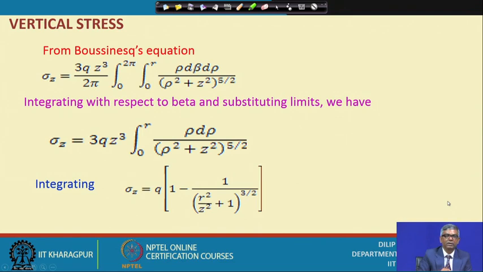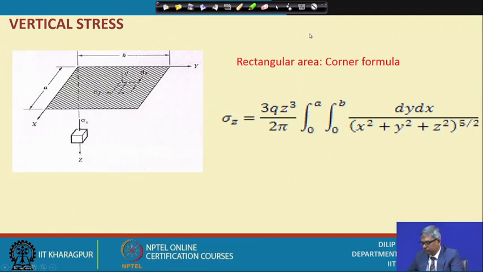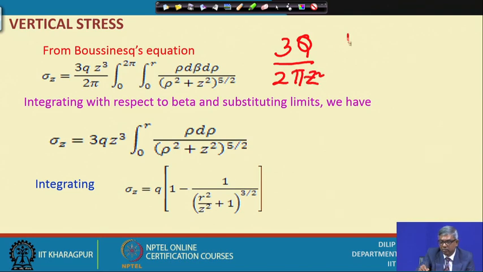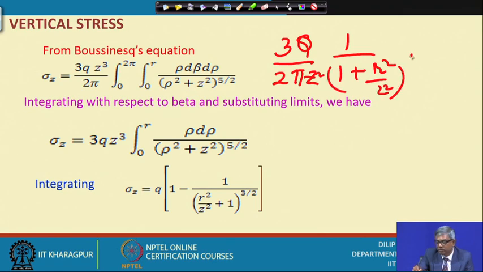You can see I have done the same thing. From Boussinesq's equation, a double integration is given. As I have told you, our expression is 3 Q by 2 pi z square into 1 by 1 plus r square by z square, to the power 5 by 2.